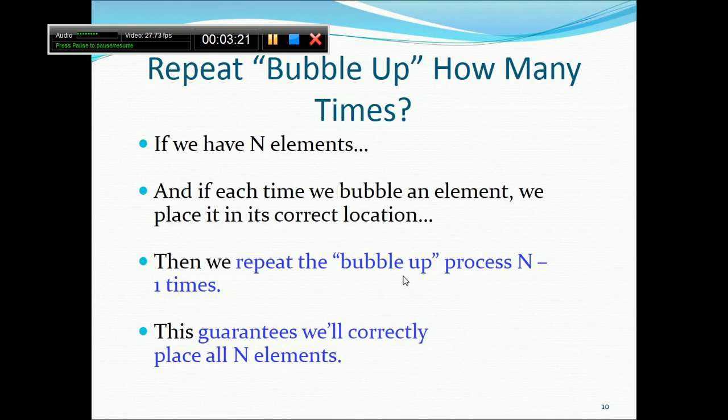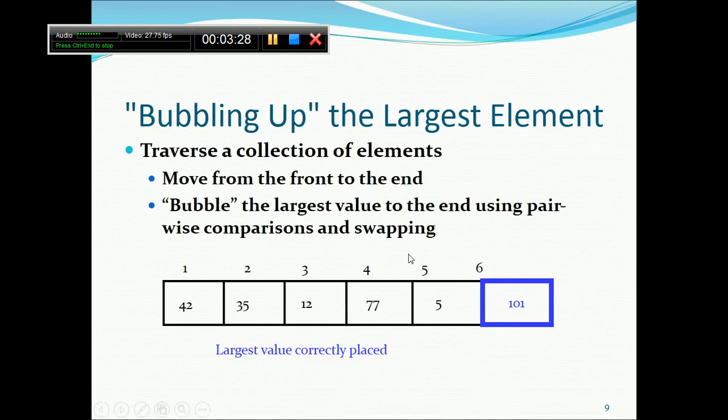Now keep on repeating the bubble up. Suppose you have done it one time, the maximum has been placed; you will do it again, the second maximum will be placed, then the third maximum, then the fourth maximum, then the fifth maximum. This means suppose you have n elements in hand, n minus 1 iterations are required.